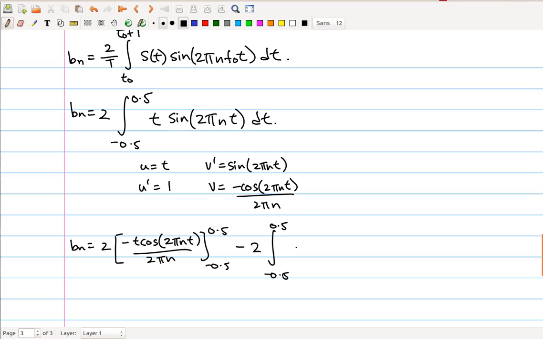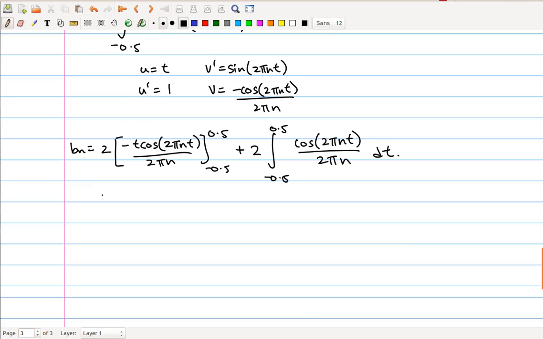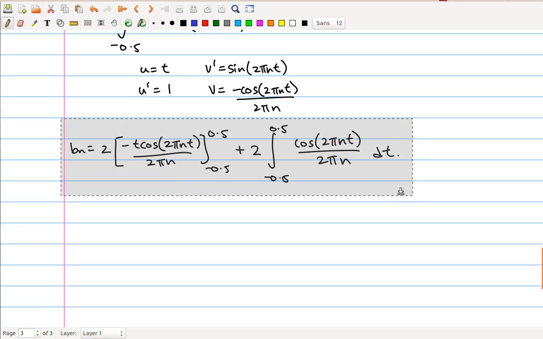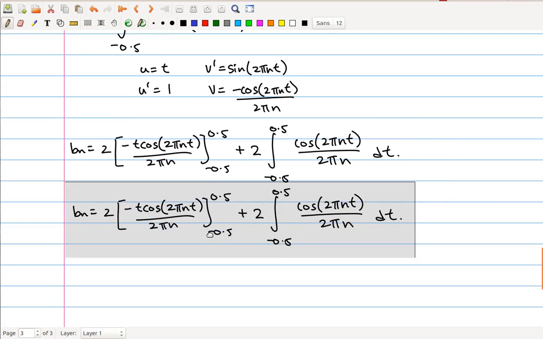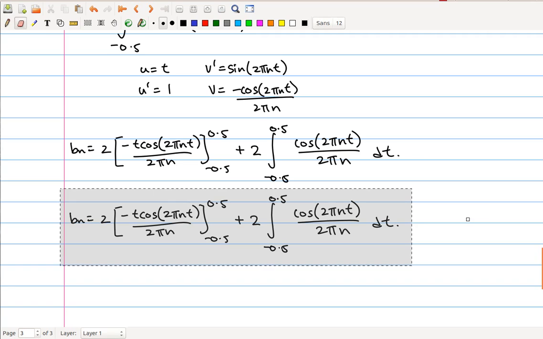I'm going to get here negative, I'll append that in the front, cos 2 pi n t over 2 pi n dt. I'm not going to do anything with the first bit. I'm just going to go ahead and evaluate this integral here. But before I do that, I'm actually going to factorize this as well.